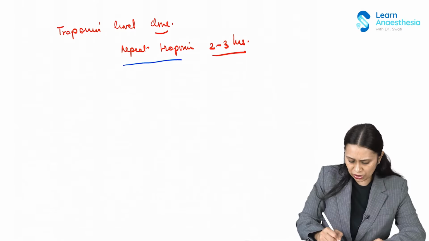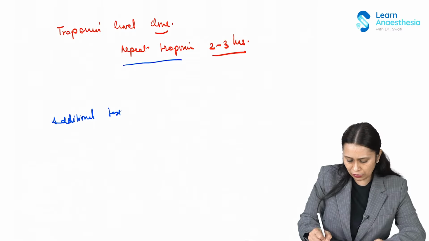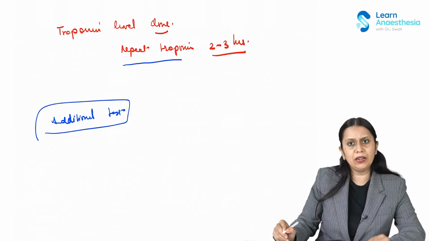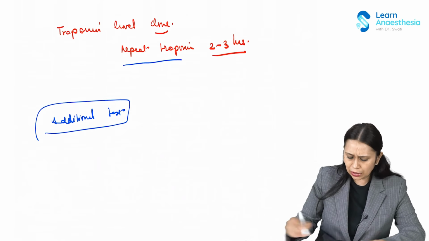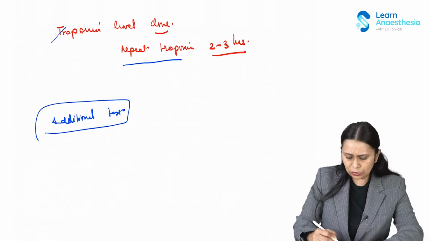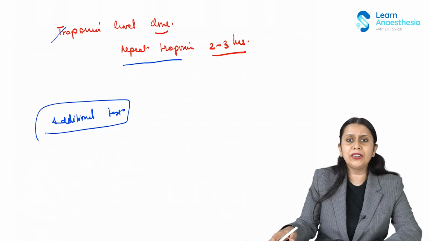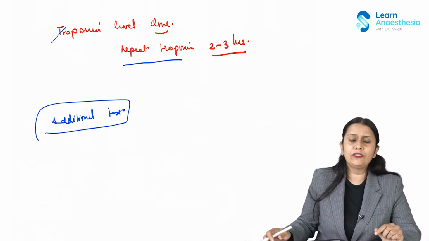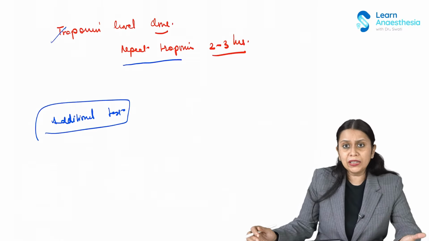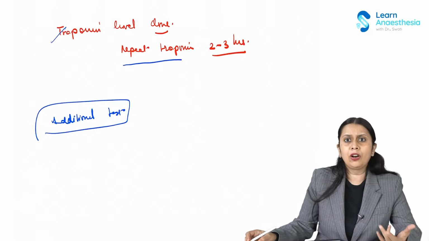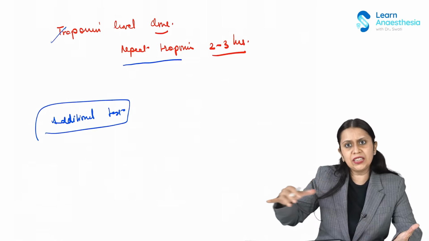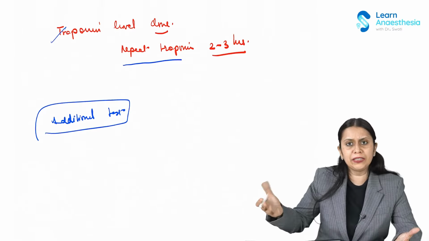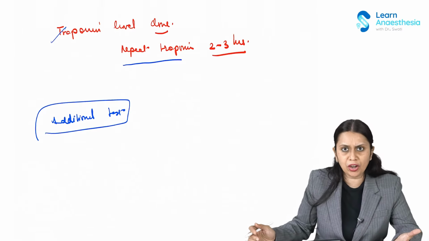Okay, now additional tests. In a patient in the peri-op period, we may require some additional tests because in a number of patients, the troponin level can be elevated due to other causes. Like if the patient has a pulmonary embolism, or a chronically elevated troponin level, or sustained atrial fibrillation, the troponin level will be elevated in the absence of myocardial ischemia or infarction.